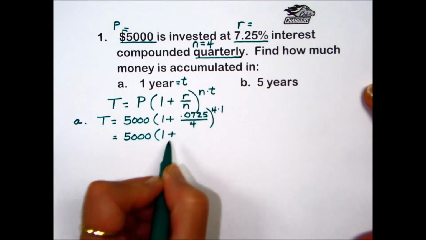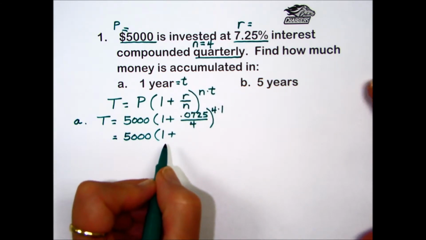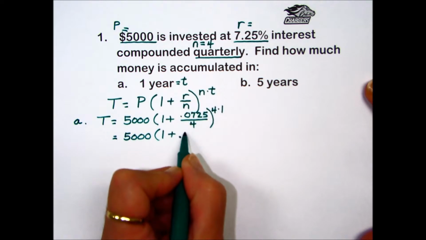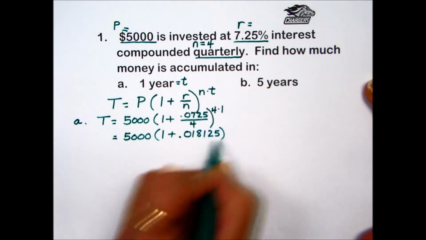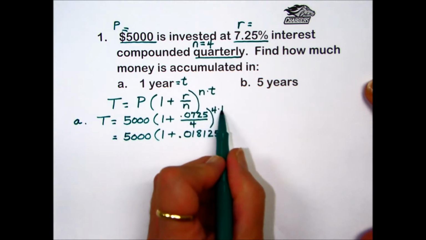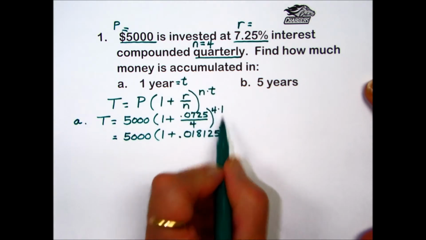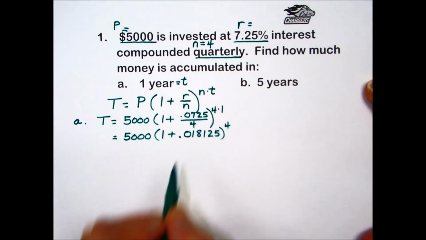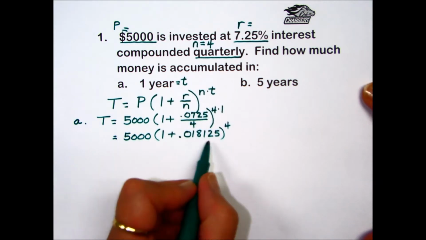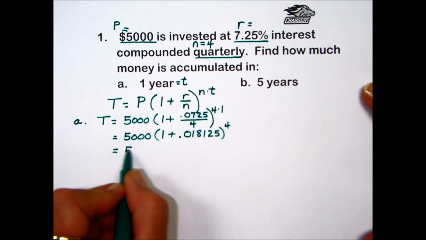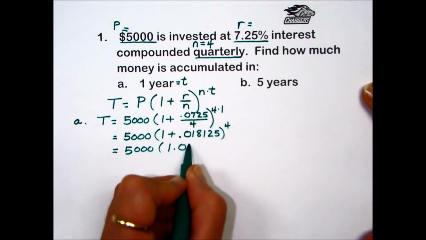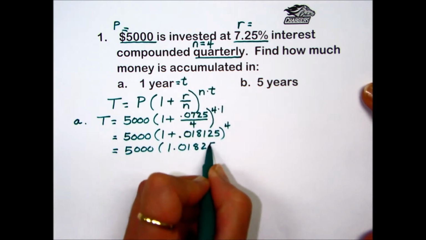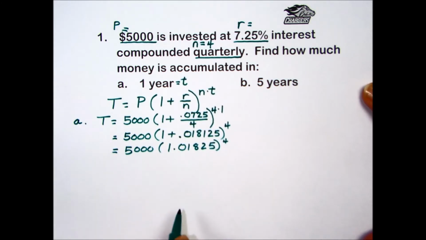So doing that division, 0.0725 divided by 4, results in a value of 0.018125, raised to the, and since I'm having to rewrite this, I'll do the multiplication. 4 times 1 is 4. Next, we'll add the quantities together that are in the parentheses. So we have 5,000 times 1.018125 raised to the 4th power.